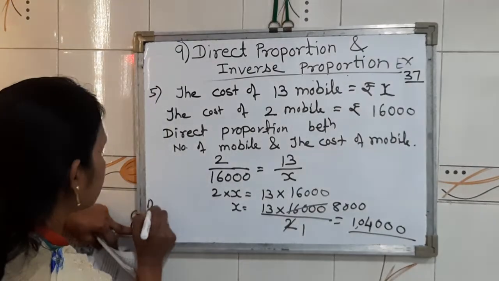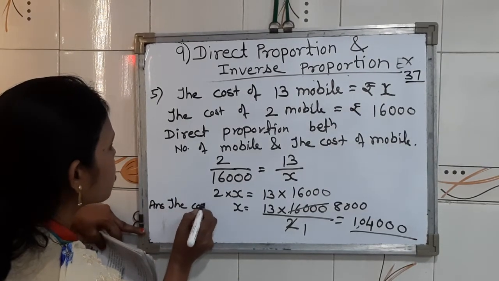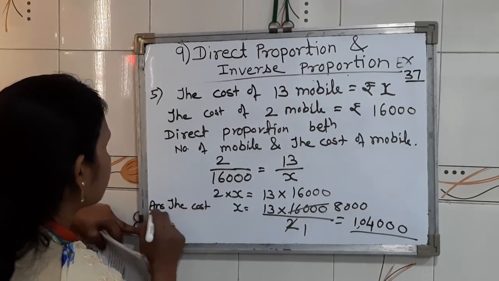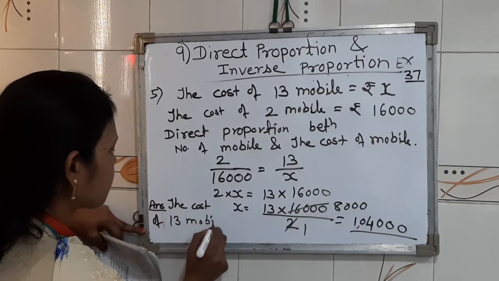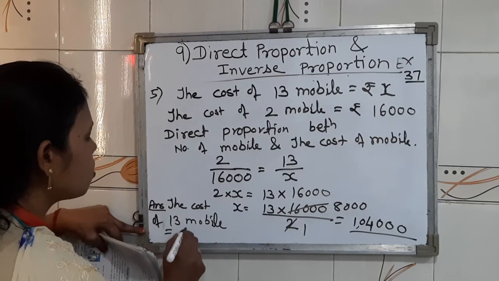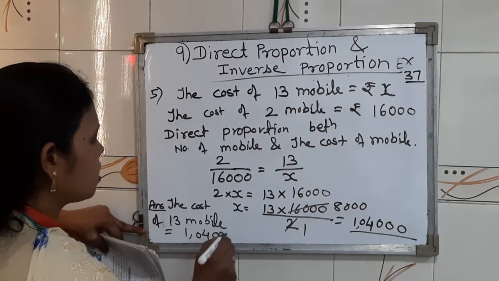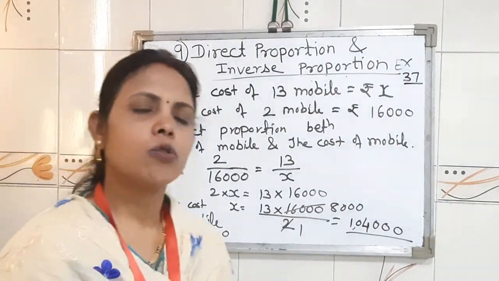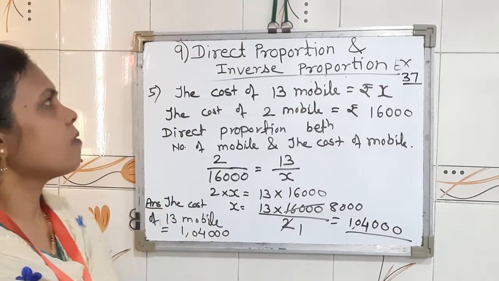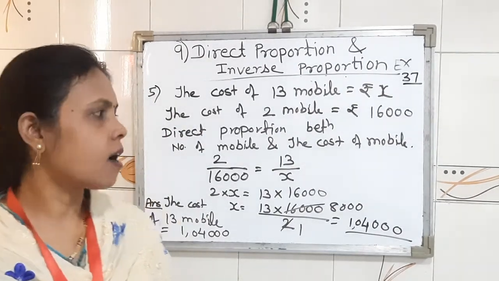Therefore write down the answer: the cost of 13 mobiles equal to 1,04,000.